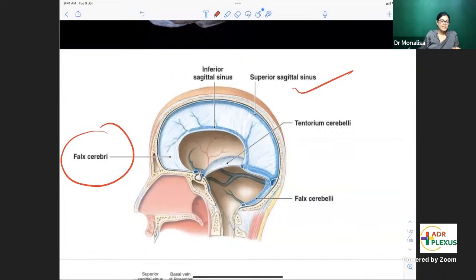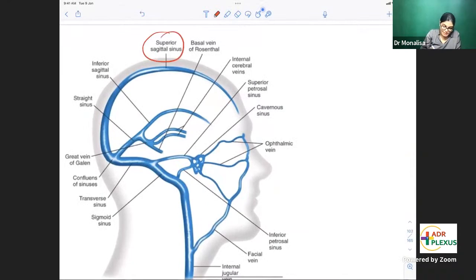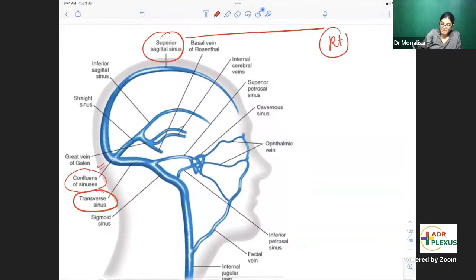So superior sagittal sinus is running, as you can see in the diagram. Now, other than that, you can see the superior sagittal sinus is continuing towards the confluence of sinuses and continuing by becoming the transverse sinus. Actually, superior sagittal sinus continues by becoming transverse sinus of right hand side. So it becomes right transverse sinus.